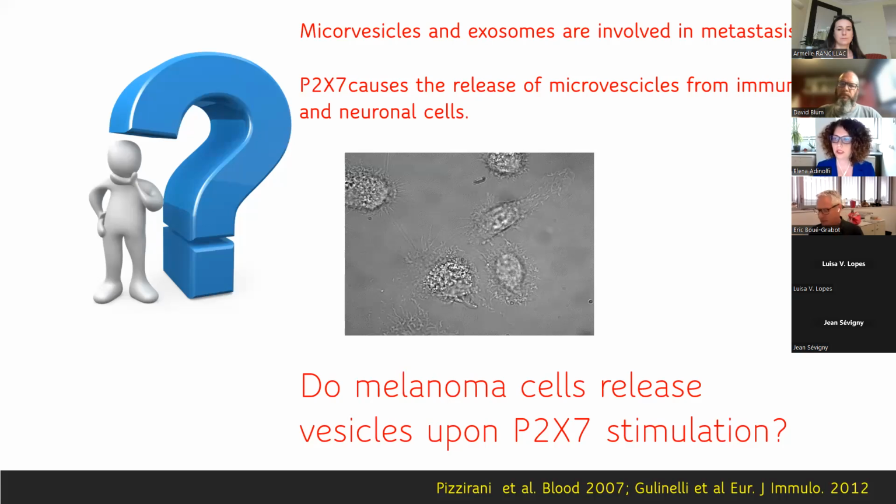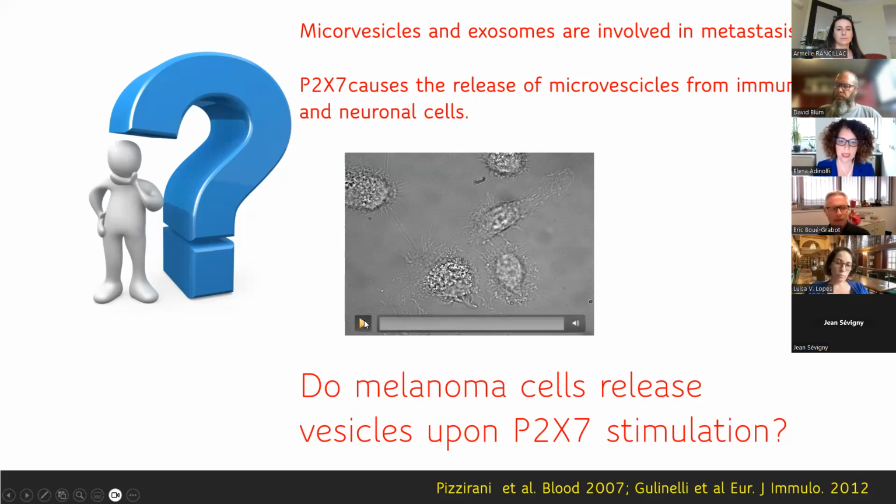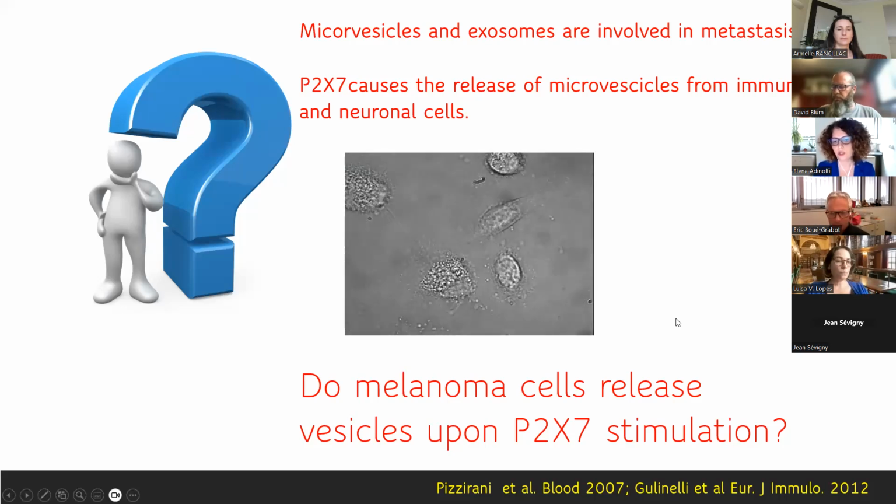And we do also know that P2X7 activation can cause the release of microvesicles from immune and neuronal cells. And here is an example of macrophages stimulated with the P2X7 agonist BzATP, releasing massive amounts of microvesicles that we do know also contain, for example, cytokines such as interleukin-1 beta.